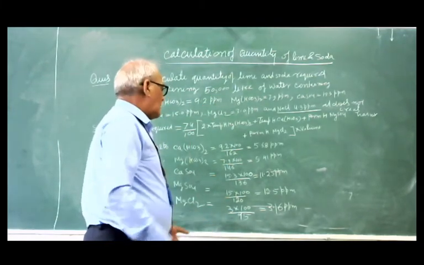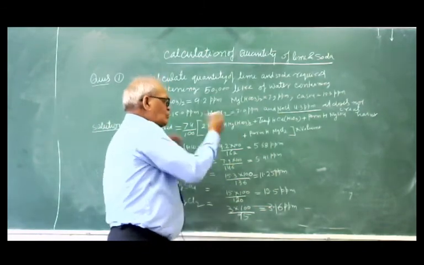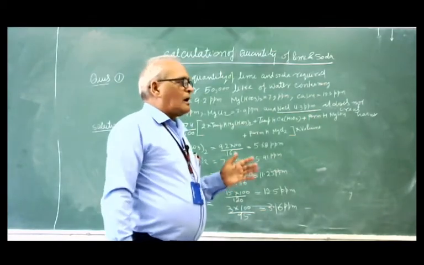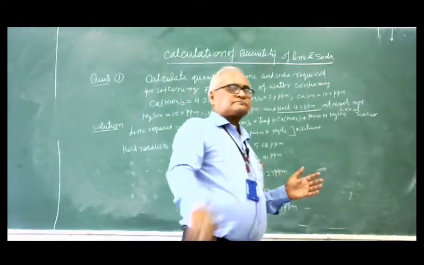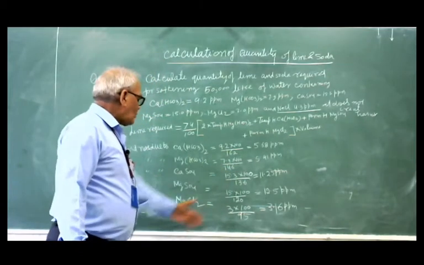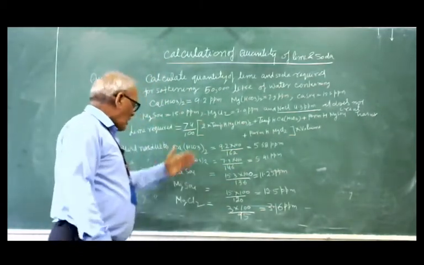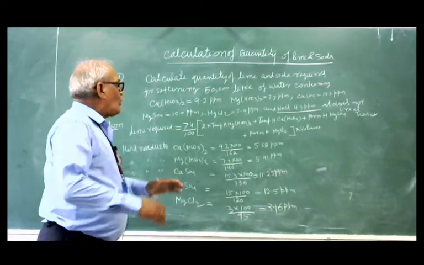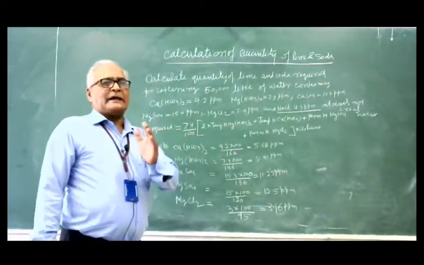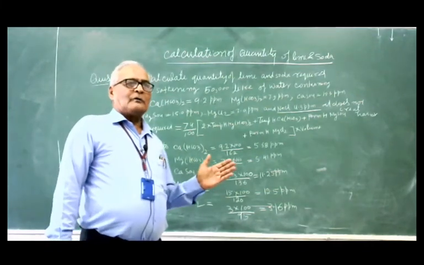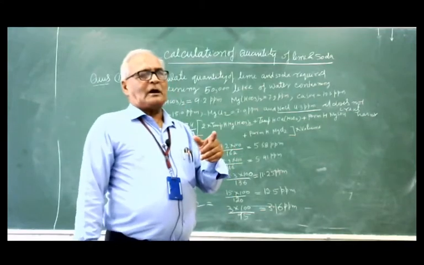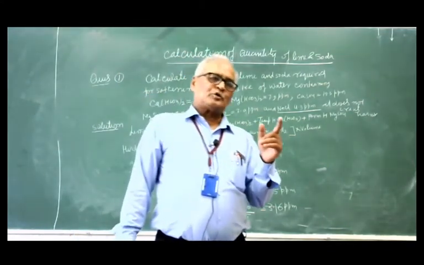Now the second thing, after this calculation, what do we have to do? So now I have calculated hardness due to all salts. Now after this, we have to apply the formula for calculating quantity of the lime and quantity of the soda.